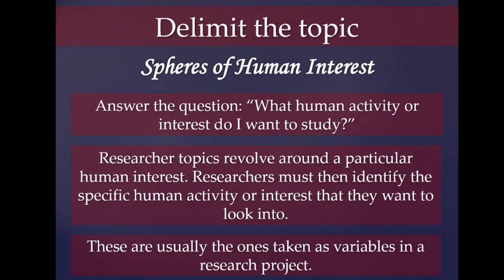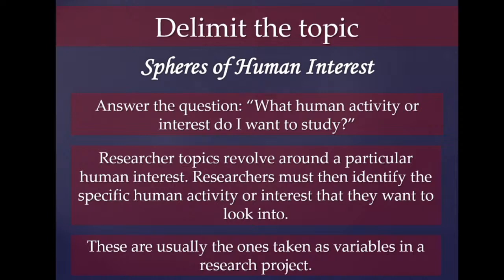These are only examples of the spheres of human interest. Again, in delimiting the topic, there is a need to consider what interest or activity of humans about the topic we choose we are eager to know about. Considering these points of delimitation will really help us in making a specific but working statement of the problem and title.